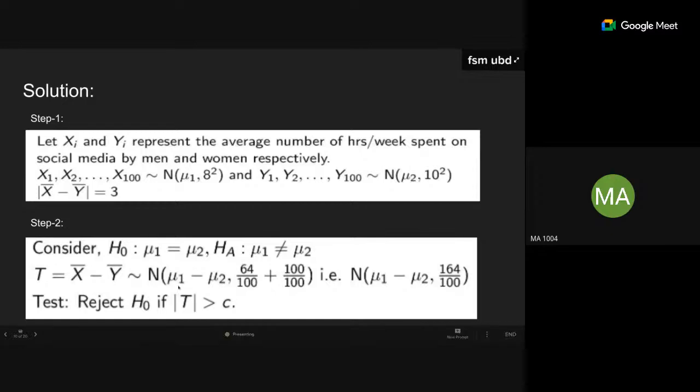So maybe we should give the null as mu1 minus mu2 is equal to 0, and the alternative as mu1 minus mu2 is equal to some 2 or 3. If we had given like that, then while you compute the power, instead of 0 you have to use 2 or 3 here.